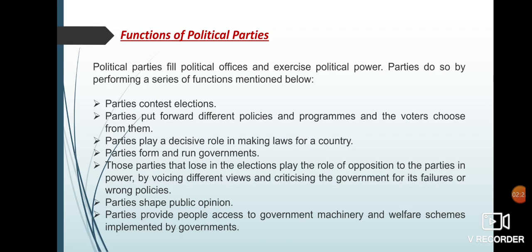Parties form and run governments. Those parties that lose in the elections play the role of opposition to the parties in power by voicing different views and criticizing the government for its failures or wrong policies. Parties shape public opinion, and parties provide people access to government machinery and welfare schemes implemented by governments.